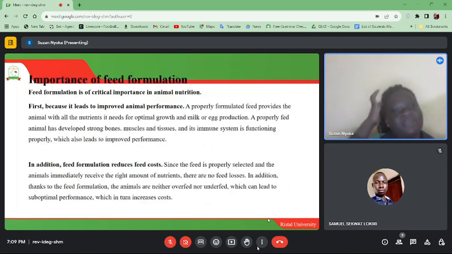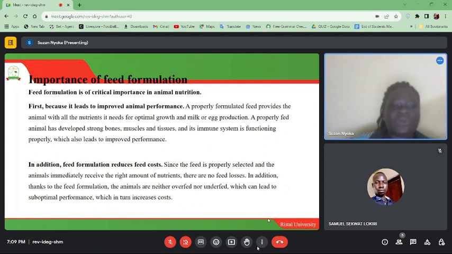Importance of feed formulation. Feed formulation is of critical importance in animal nutrition. One, first because it leads to improved animal performance. A properly formulated feed provides the animal with all the nutrients it needs for optimum growth, milk, and egg production. A properly fed animal has developed strong bones, muscles, tissues, and its immune system is functioning properly, which all leads to improved performance.